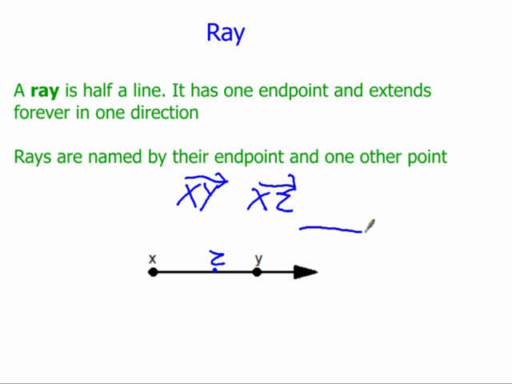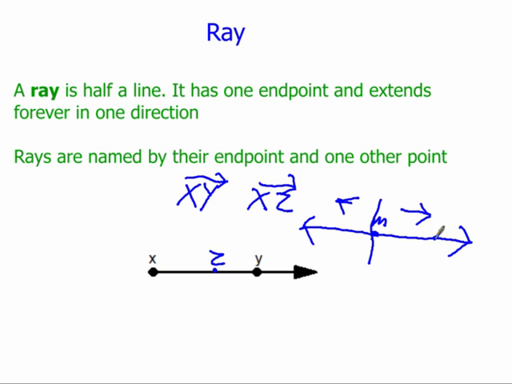Right? And the reason I say that this is half a line is, say I take a line, okay, put a point in the middle of it, let's call that M. Well, I've got two rays now. I've got a ray going this way, and I've got a ray going this way.